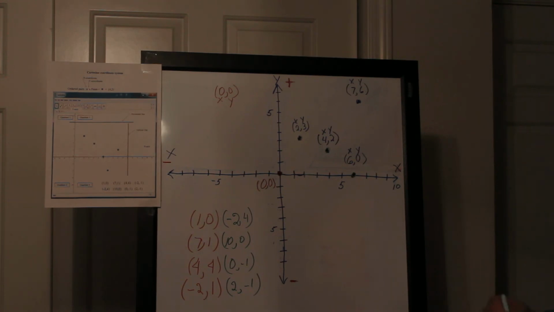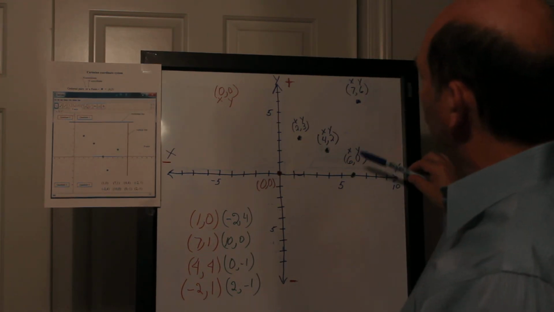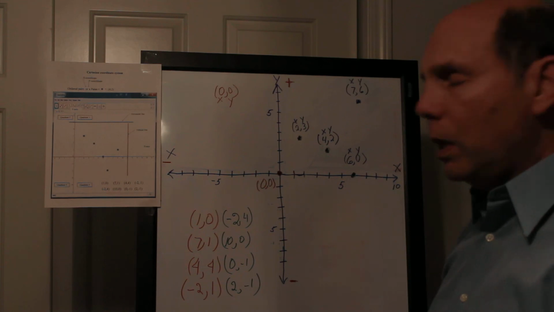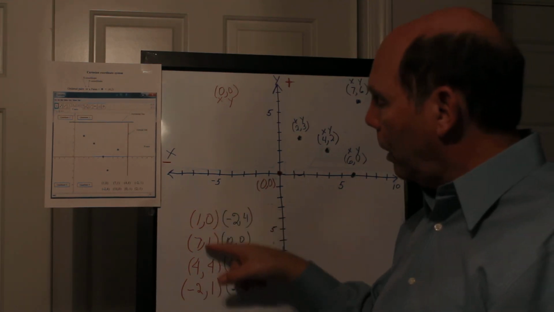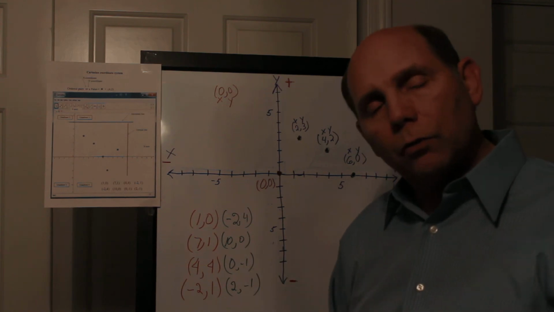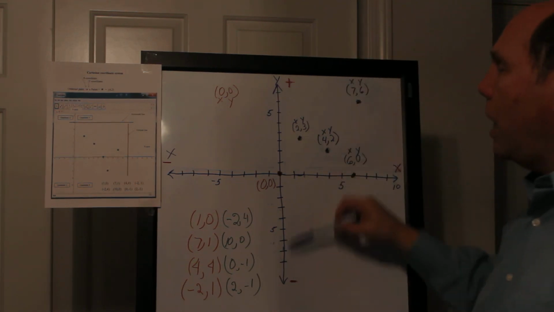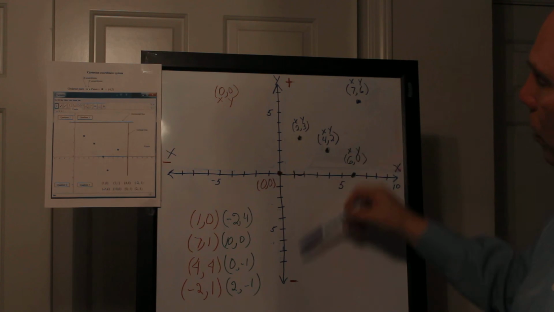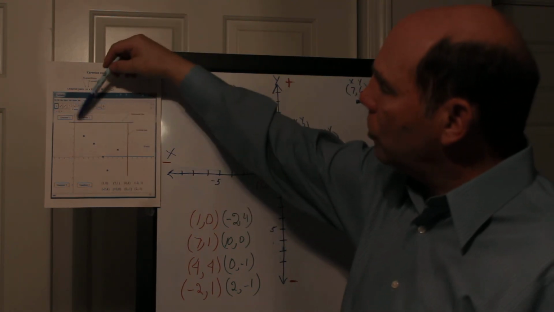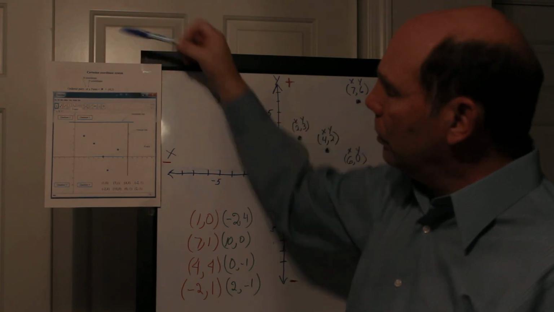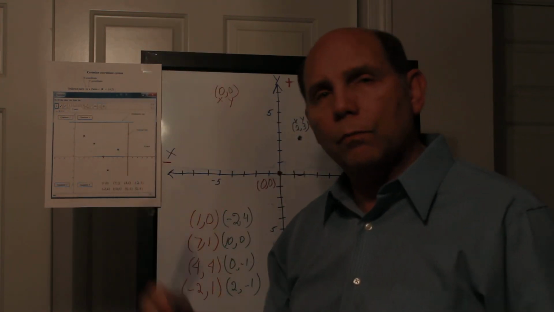So what I want you to do now is go ahead and get into your groups, and I want all of you in your groups to go ahead and plot these points and make sure you talk among yourselves. Use the vocabulary that you need to use. Horizontal, vertical line, as you have on your wall chart here, showing you the definitions of each one of these terms.